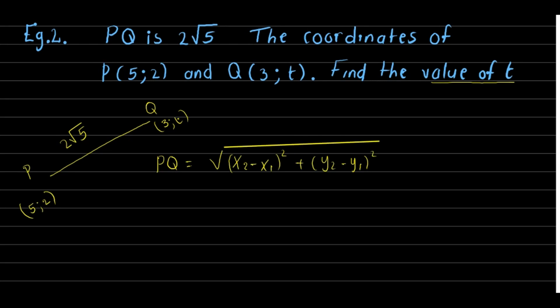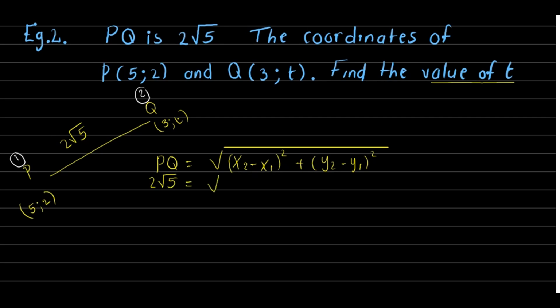Okay, and then we simply substitute what we are given and see if we can work with that. We know that the length of PQ is 2 square root 5, so we put that there. And then I always like labeling my points. I name this my point 1, I name this my point 2. And then what is our x2?